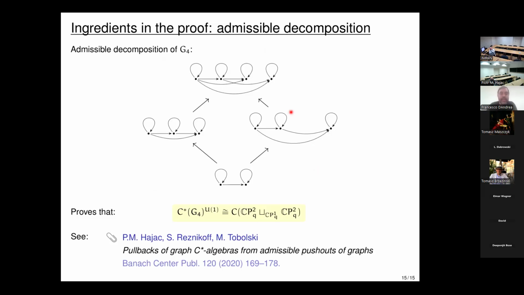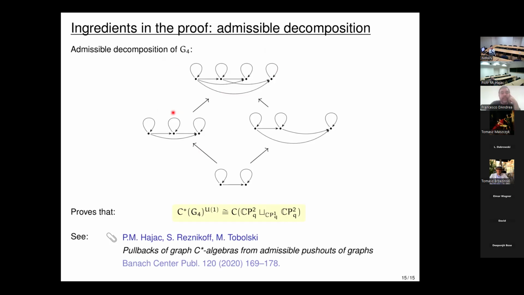this push-out diagram of graphs dualizes to a pullback diagram of graph C*-algebras, and you can pass also to cores. In fact, it is a U1-invariant pullback diagram. And what is this pullback diagram? Well, on top, we get the AF core of G4, which is the 4-skeleton.